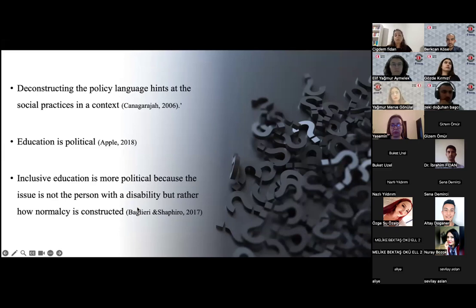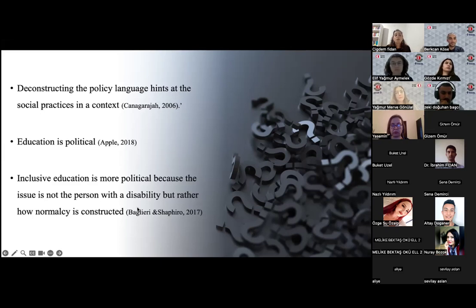Even after graduating, even if you work in Turkey or in any other country, you should be able to deconstruct the language of the policy to analyze how those policy documents refer to individuals coming from various backgrounds.